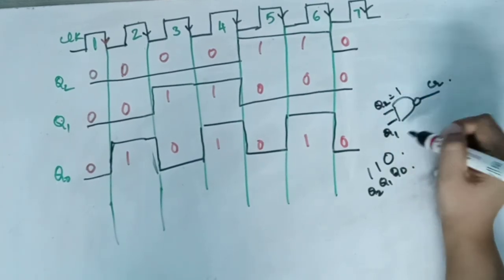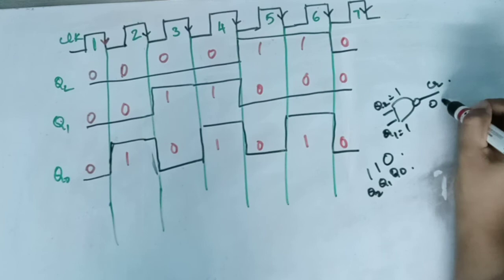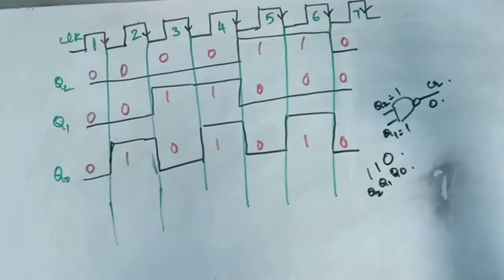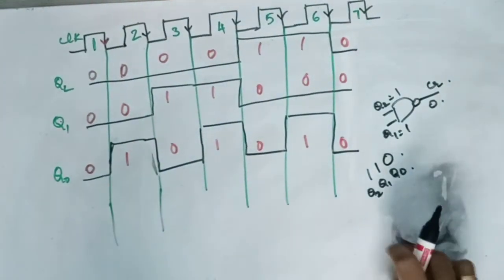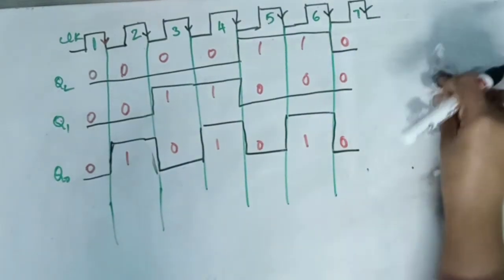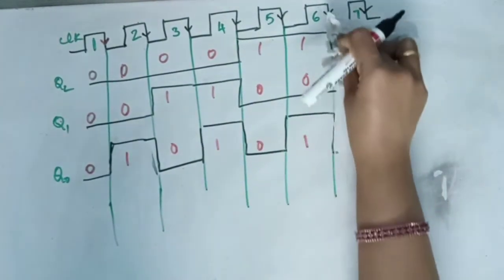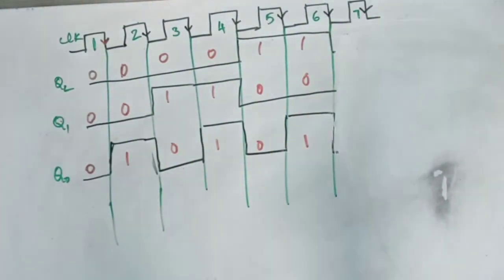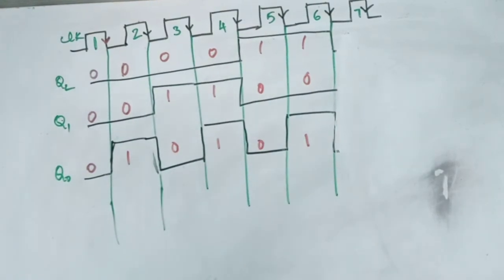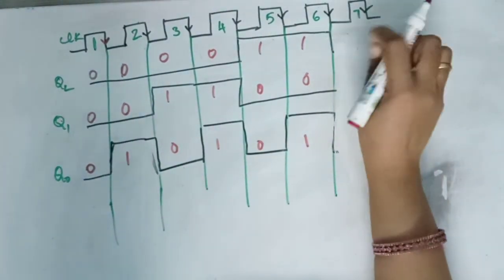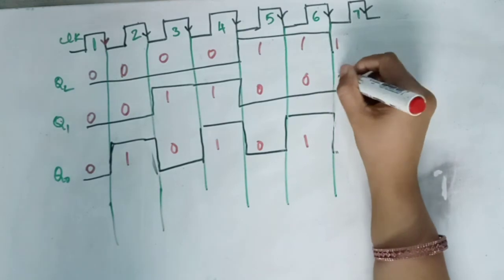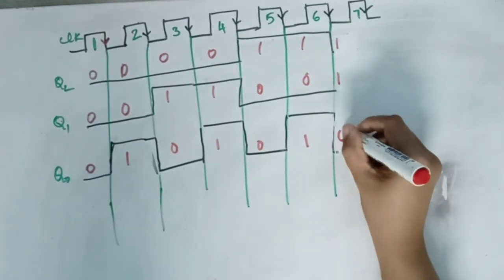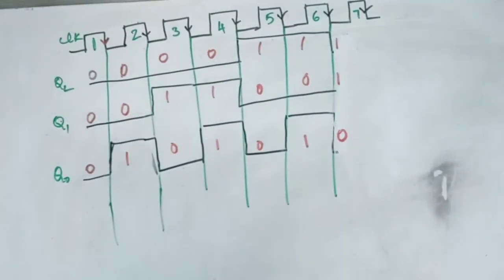If both become 1, the output will become 0 and all the flip-flops will be cleared. After 5, 6 will come, but for a very short duration. It will just come, we won't see it.